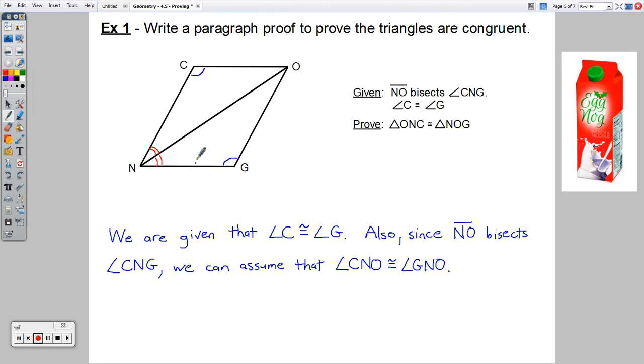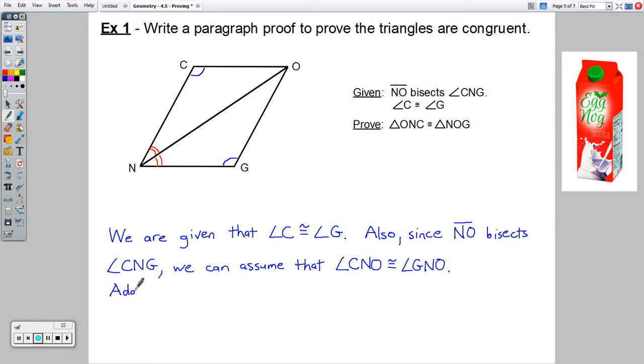I don't see anything that would let me say that would be true. That would be angle side angle if that were the case, but I don't see that working out here. However, I notice that they share this side in common. They have NO in common. So they would definitely have that side being congruent in both triangles, because something is always congruent to itself. So I could say that this would be the case.